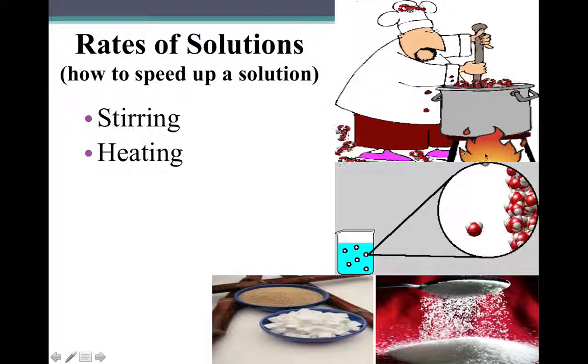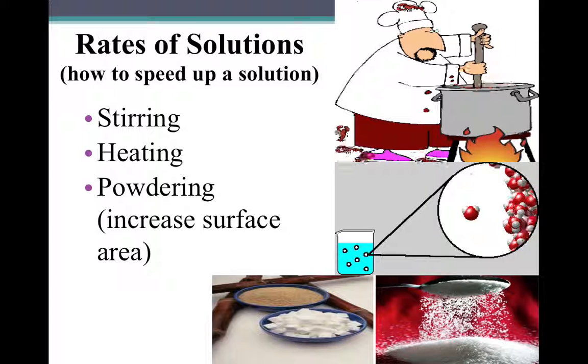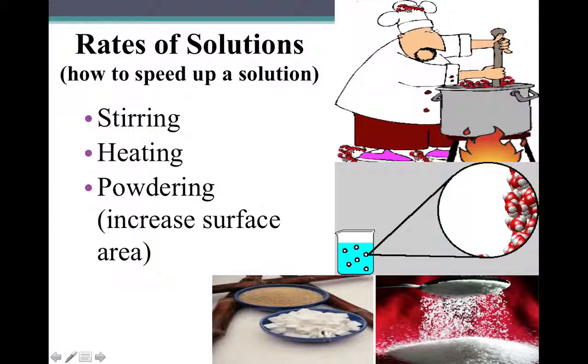In the same picture right here, he's got a fire heating it, and the solution is dissolving in there. The last one is powdering. Here you can see I have sugar cubes and then granulated sugar. If I take that granulated sugar and put it in there, it's going to dissolve a lot quicker than that sugar cube.